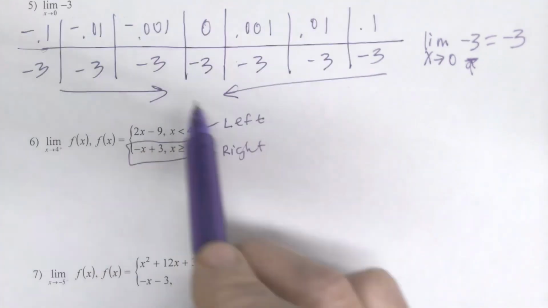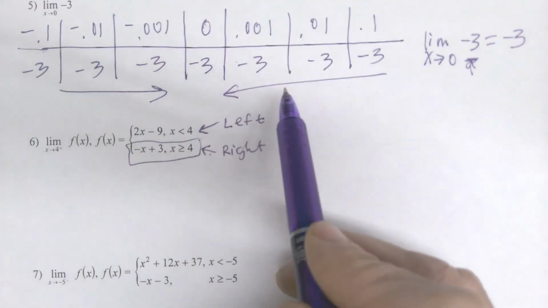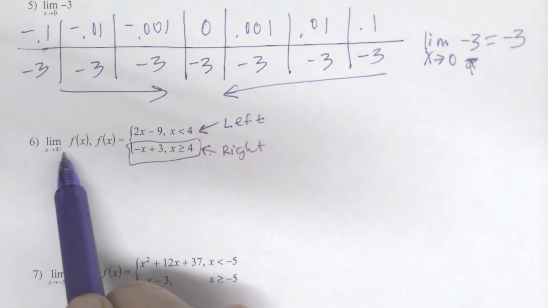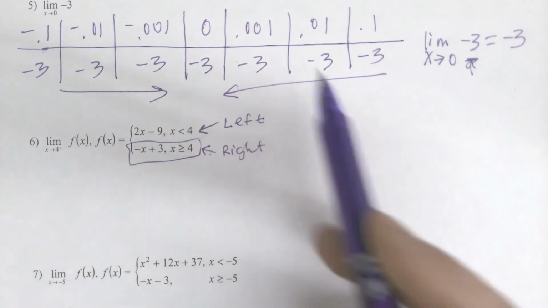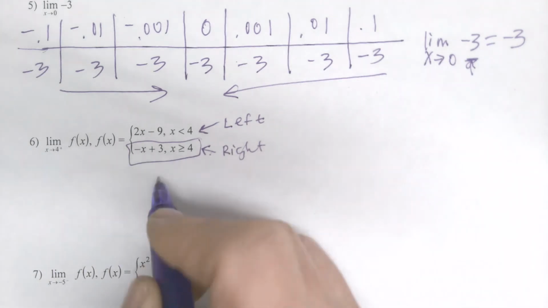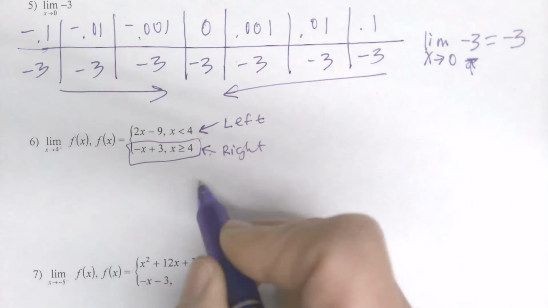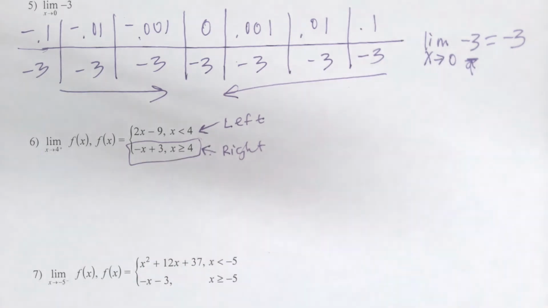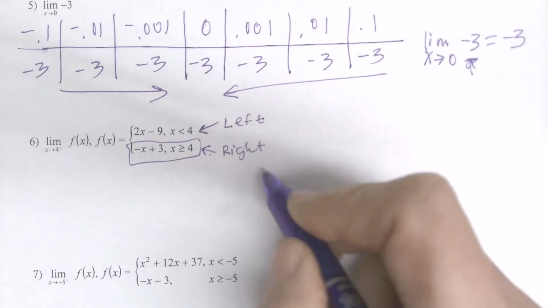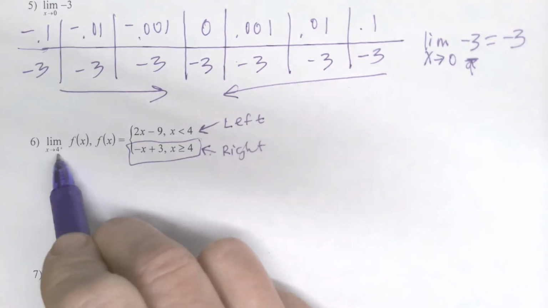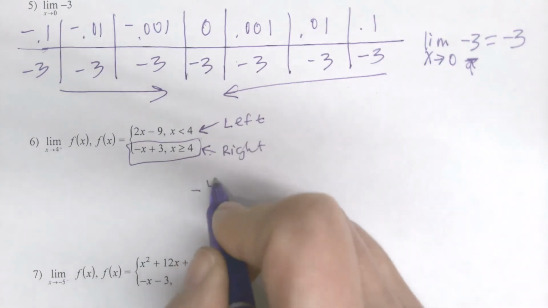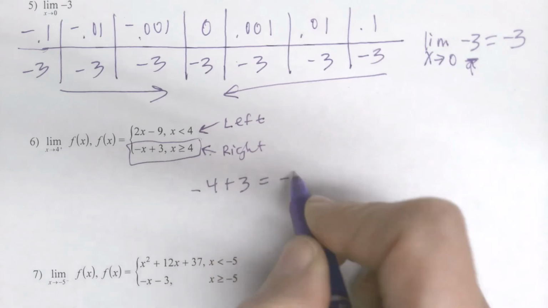So I don't even need to really make a table for this. If I'm looking for the limit of this function as x approaches 4 from the right, all I want to find is the right-hand side. So I want to figure out what the right-hand value of this function is, and I do that by plugging in 4. So this is -4 plus 3, or -1.